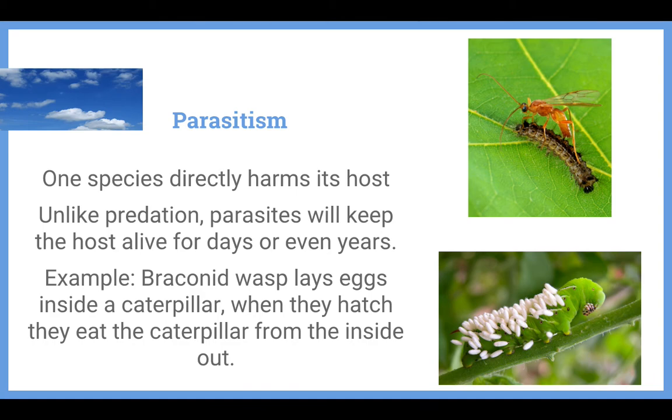That bottom picture there is showing you a caterpillar as it's being eaten from the inside out by these little eggs that are growing into wasps. So that is definitely a parasitic relationship where the wasp uses it to reproduce, but it doesn't help the caterpillar at all. It kind of kills it.